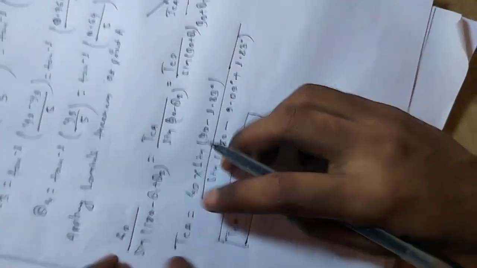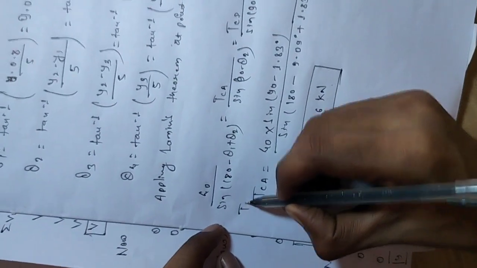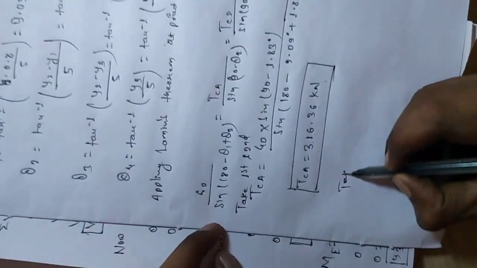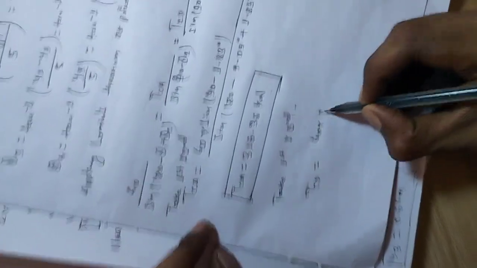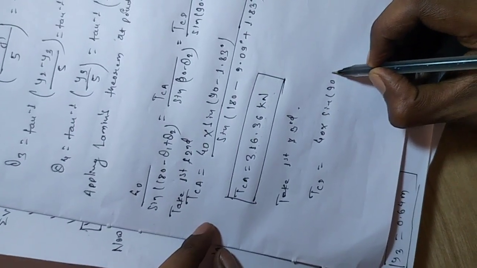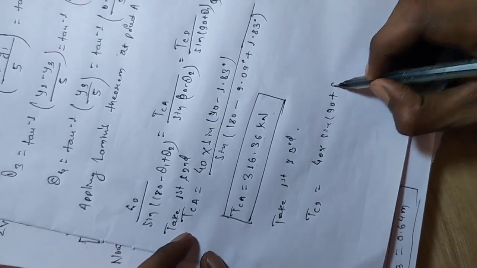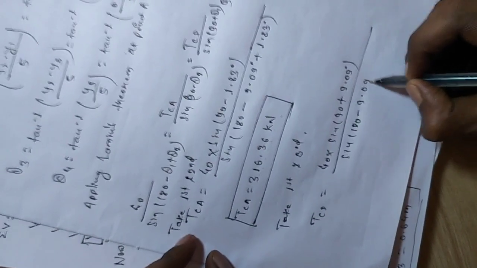Now we have to find the tension on the cable TCD. Here we take the first and third. If you take the first and third, TCD will be equal to 40 into sine 90 plus theta 1, that is 9.09 degree, divided by sine 180 minus 9.09 degree plus 1.83.